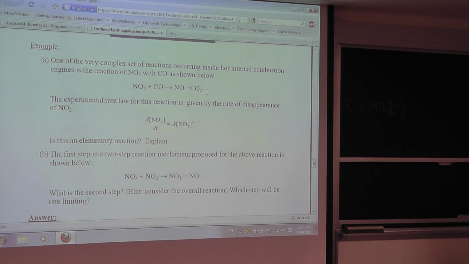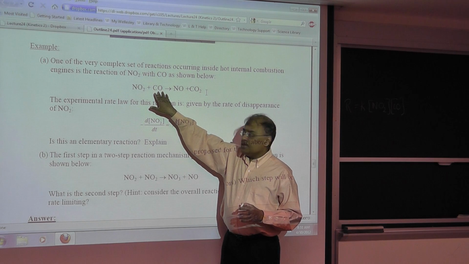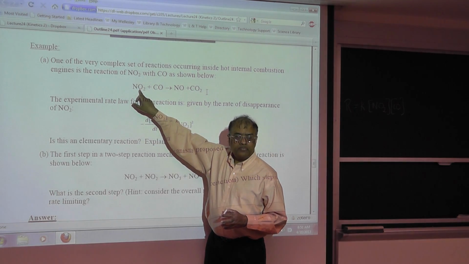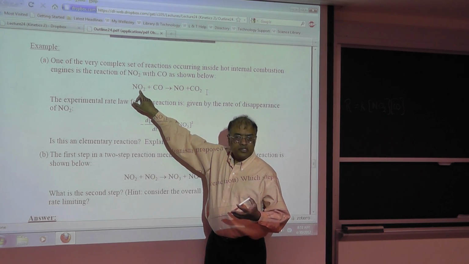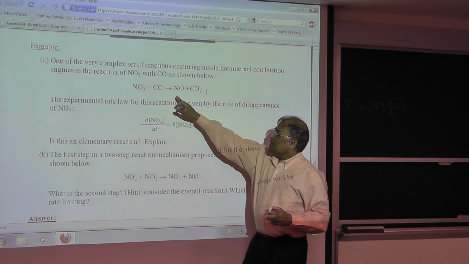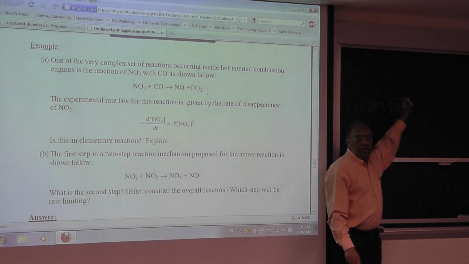Somebody said something. No. Okay. Wait, why does it have to be that? Because if this is an elementary step, then if you double the concentration of NO2, the rate doubles. So it's NO2 to the power 1. Same here, this is 1 CO, so it's CO to the power 1.